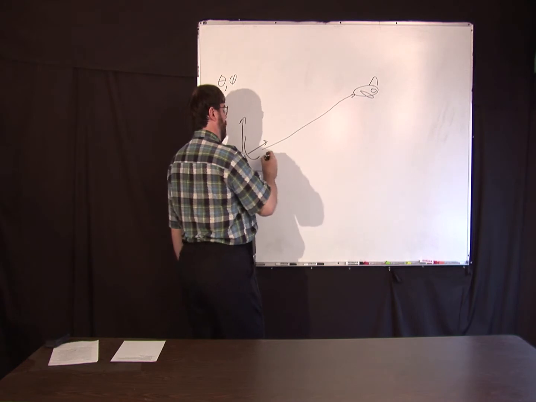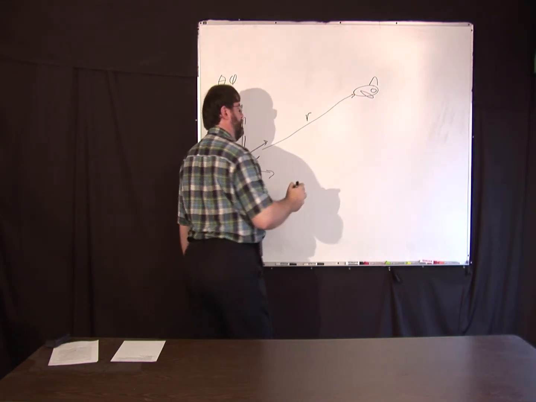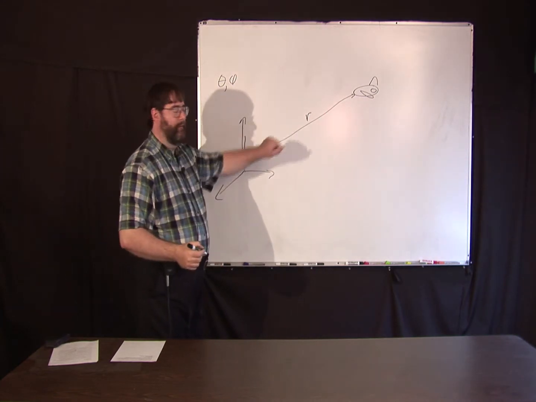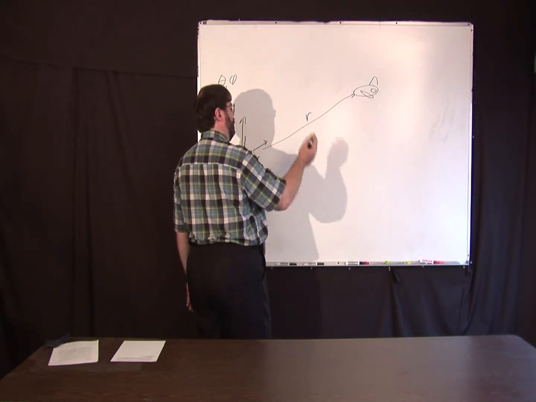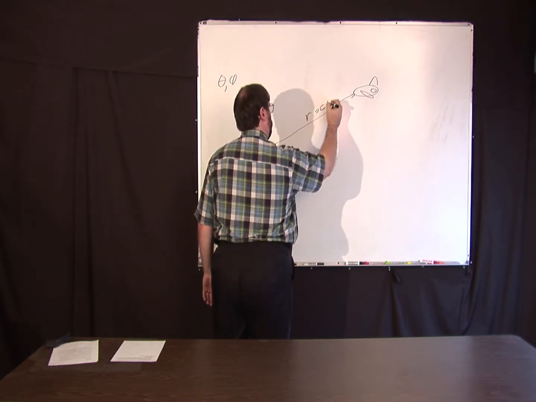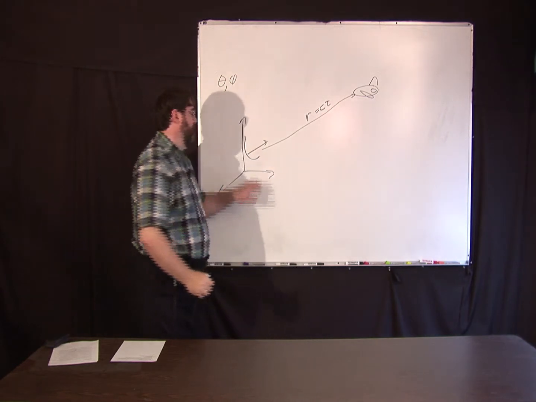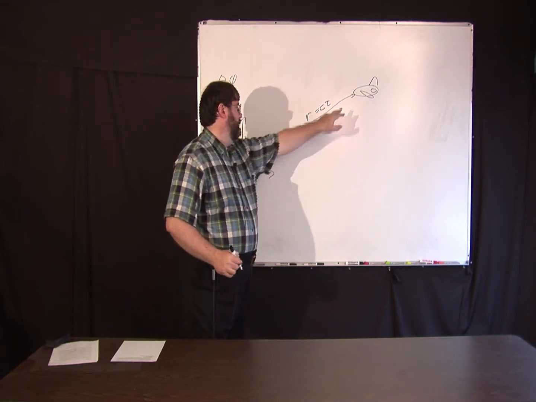Well, if the airplane is a distance r, the range, from the radar, we know the speed of light. This distance will take some time to get to the airplane.